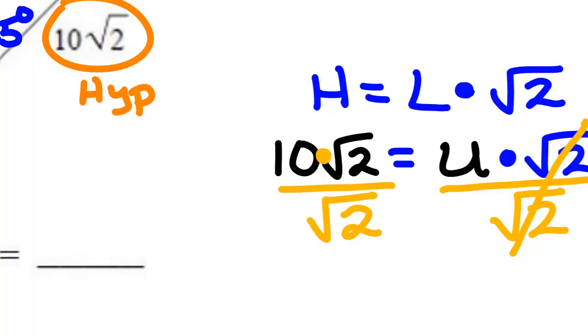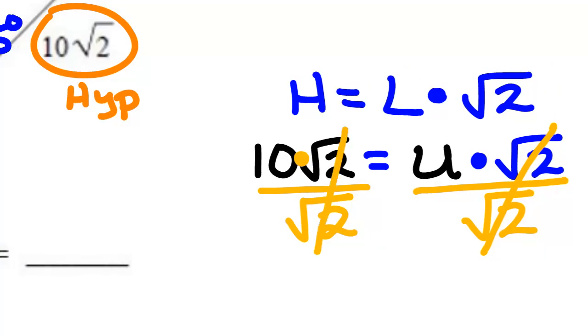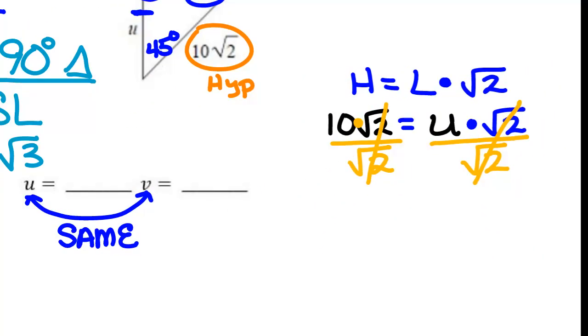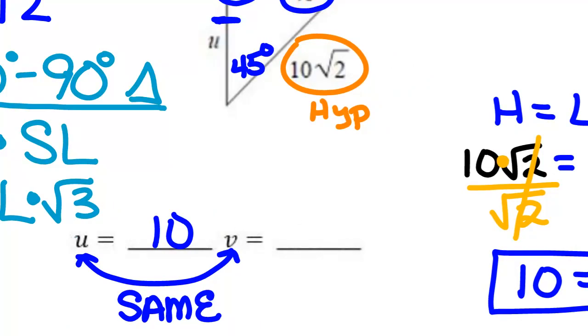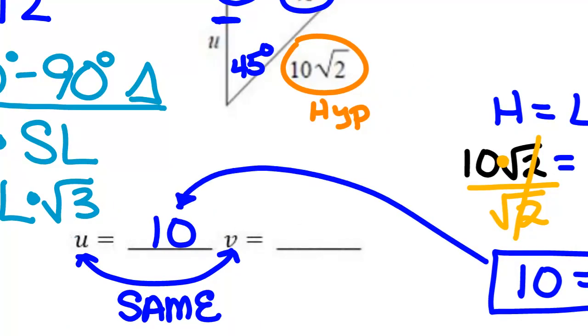So the radical 2 in my numerator that's being multiplied to the 10 is also being divided by the radical 2 in the denominator. Do you remember how that canceled out on the other side? It's going to cancel out on this side also. And so we have 10 equals U. So U is 10, which means V is how much?